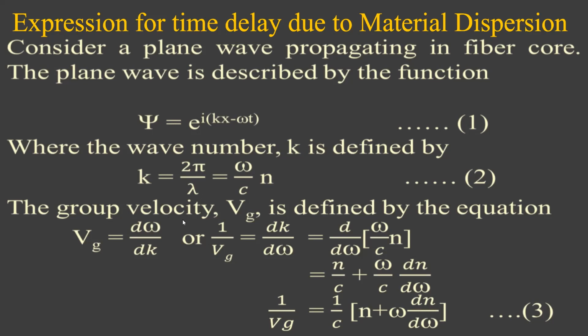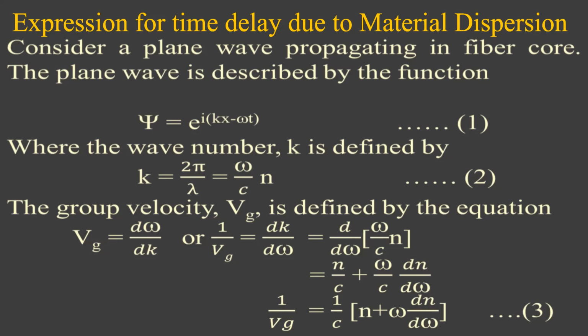And the group velocity Vg is defined by the equation Vg is equal to d omega by dk. This is the standard definition for group velocity. What is group velocity? Group velocity is the average velocity of the group of waves which are traveling in one direction.